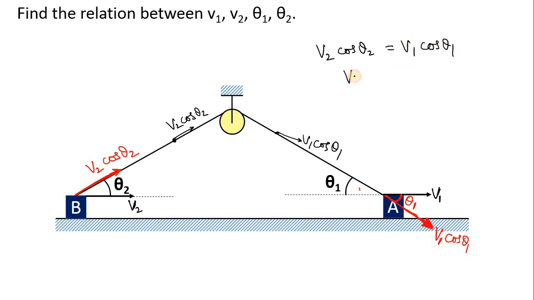Or we can also write the ratio V2 by V1 is equal to cos theta1 divided by cos theta2. So I hope that in all these examples, which are very similar but different situations, one can easily use this shortcut technique to find the relation between the velocities. Very useful shortcut trick.